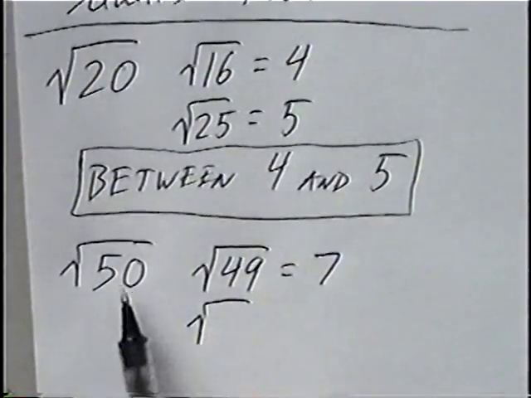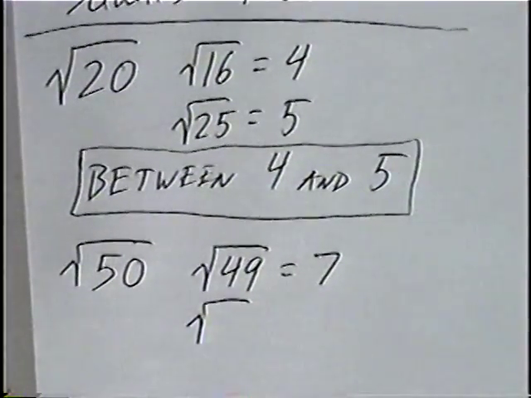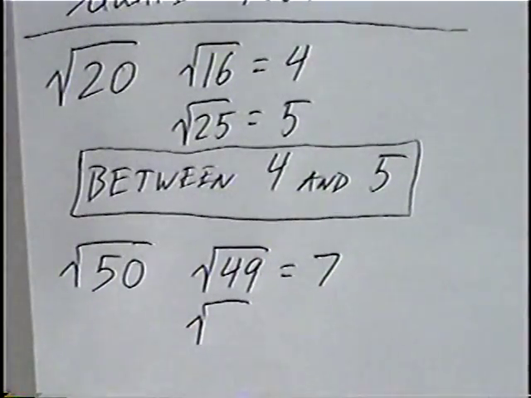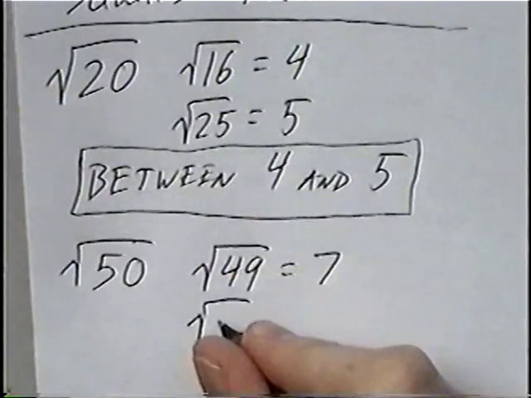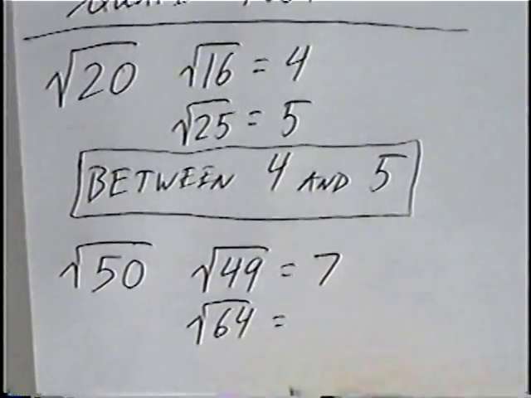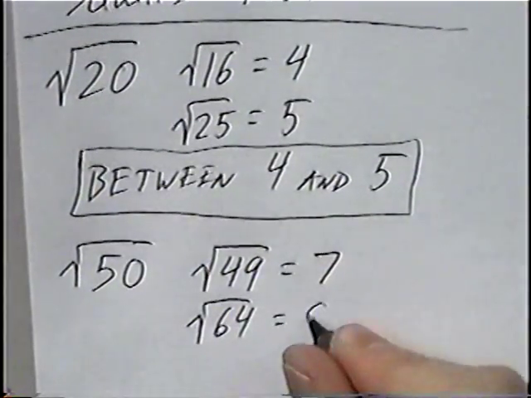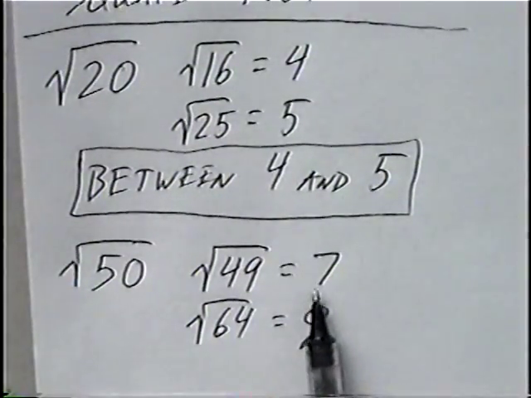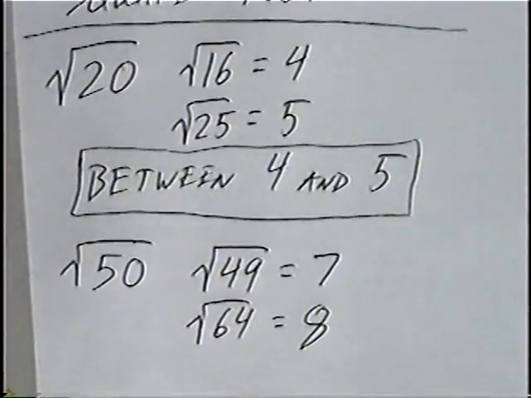And we also want a square root bigger than 50 that we can also take the perfect square of. And that number would be 64. The square root of 64 would be 8. And again, the square root of 49 is 7, which would be less than 50.